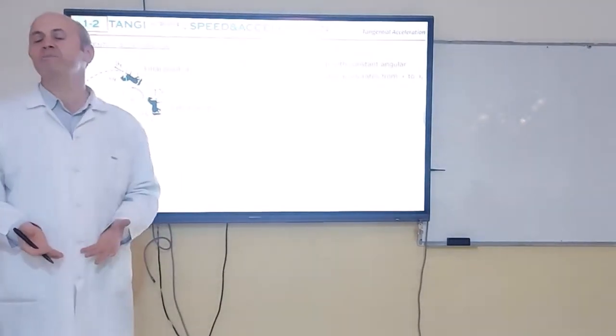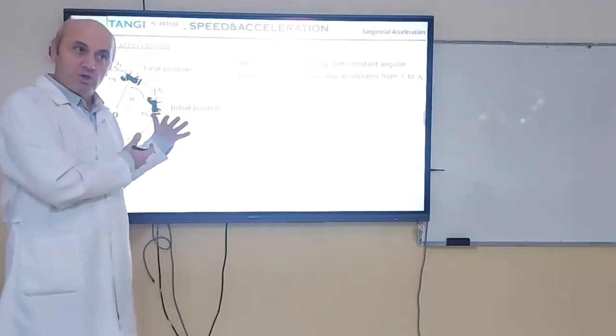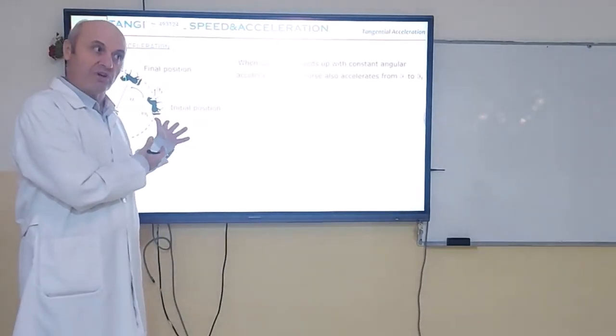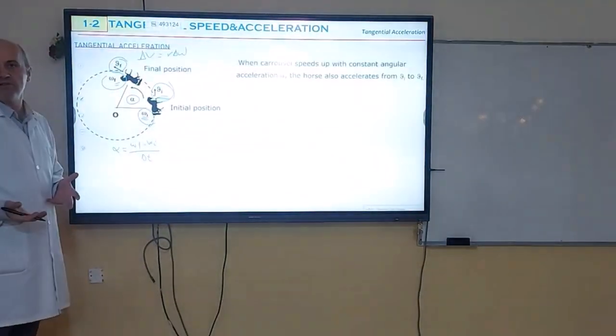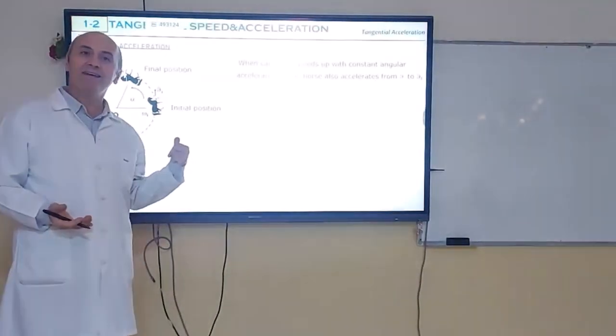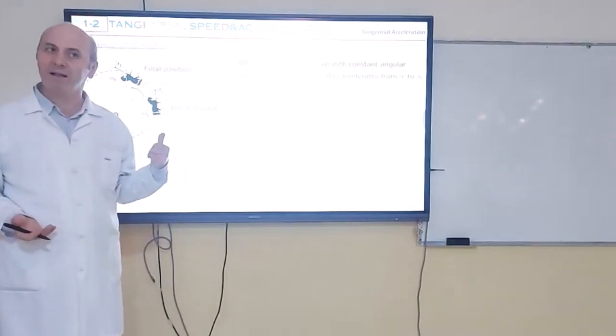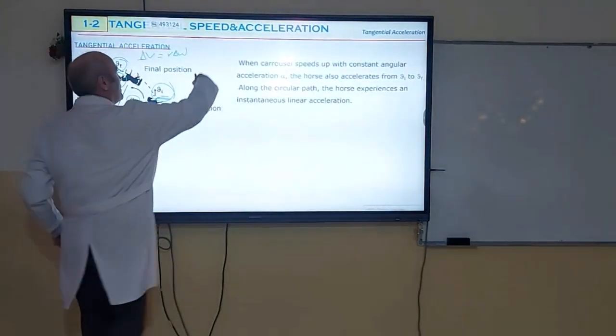If there's a change in linear speed, in 11th grade you calculated it the same way we will calculate again. So if linear speed is changing, there must be a linear acceleration. And how we are going to calculate this linear acceleration is final linear speed minus initial linear speed divided by delta t. In fact, the equation is not new.